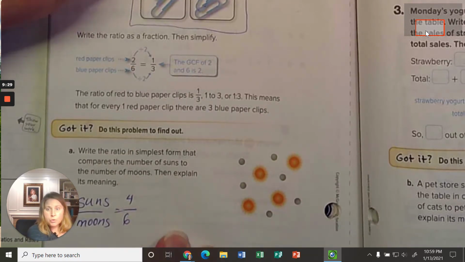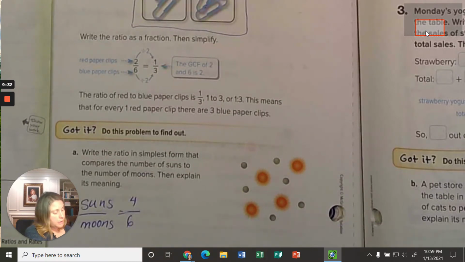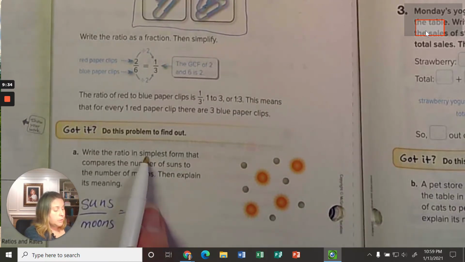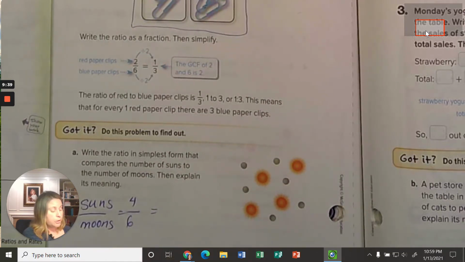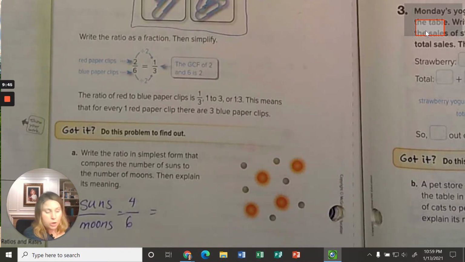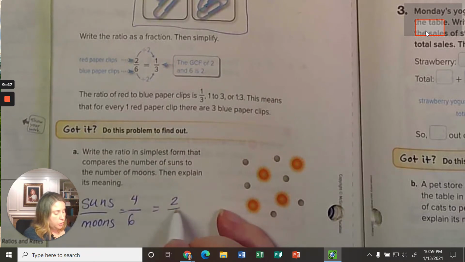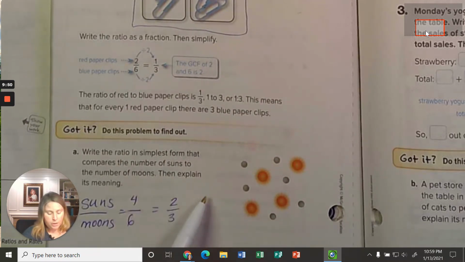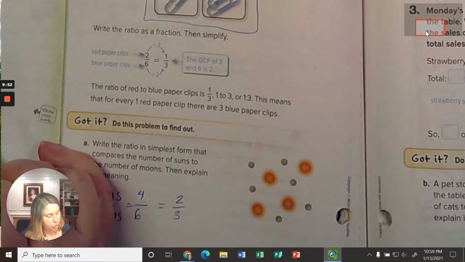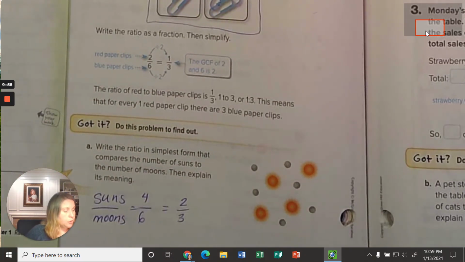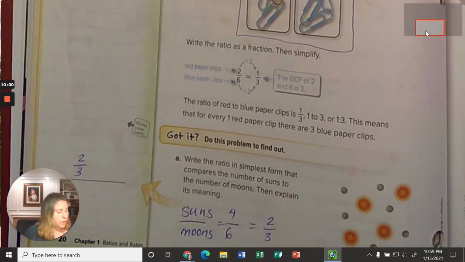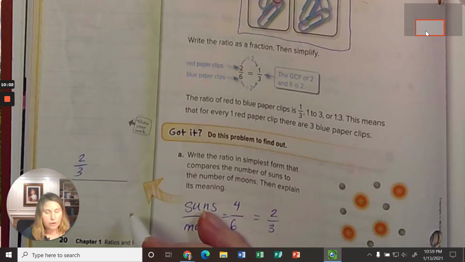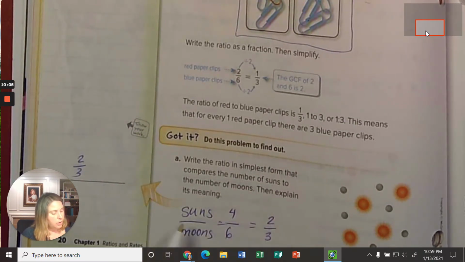Okay, and so 4 suns to every 6 moons, and then they ask us to write the simplest form. So the greatest common factor, which was our last lesson that we learned, greatest common factor of 4 and 6 is 2. So both of those are divisible by 2. So this simplifies to 2/3. So the ratio in simplest form is 2/3, or 2 to 3. I'm just going to scroll this over a little bit. 2 to 3. And then explain what that means. For every 2 suns, there are 3 moons.